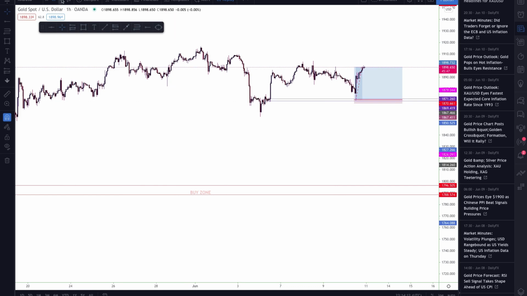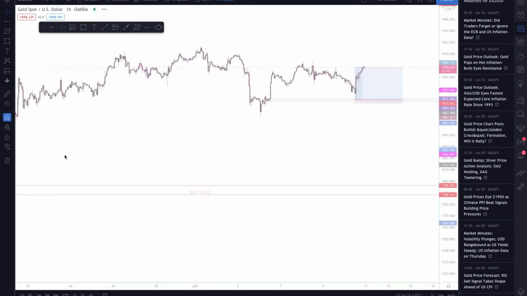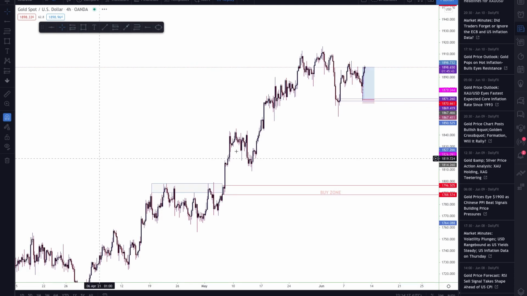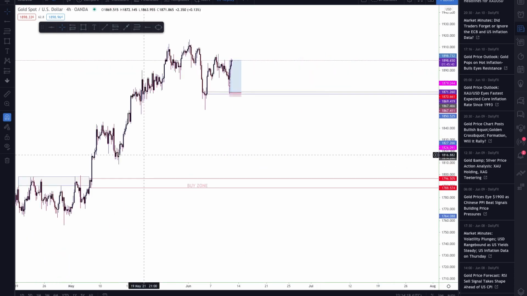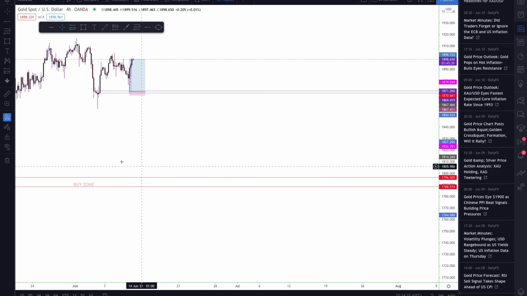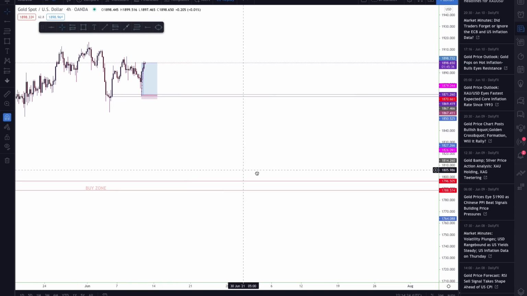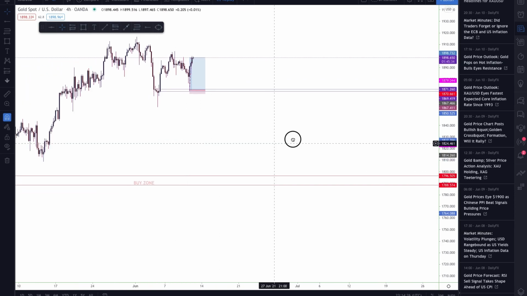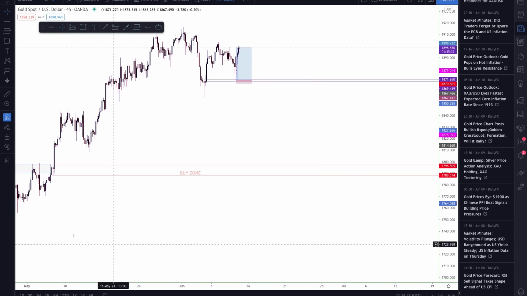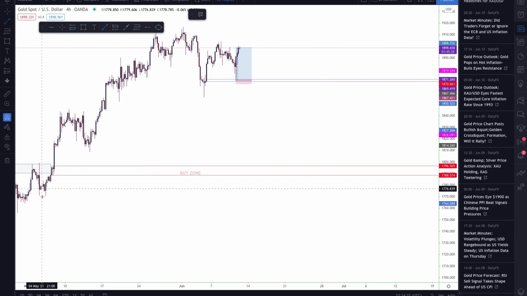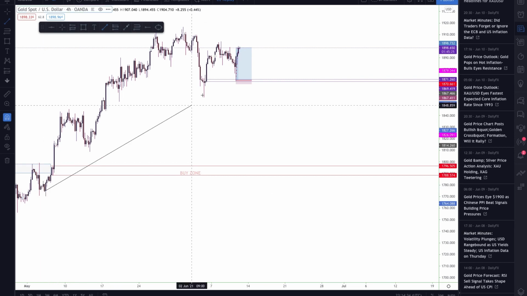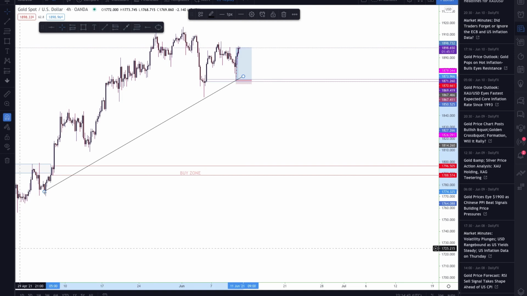Let me zoom onto H4. Oh my god, nice trend line. Okay, so let me use this rather.